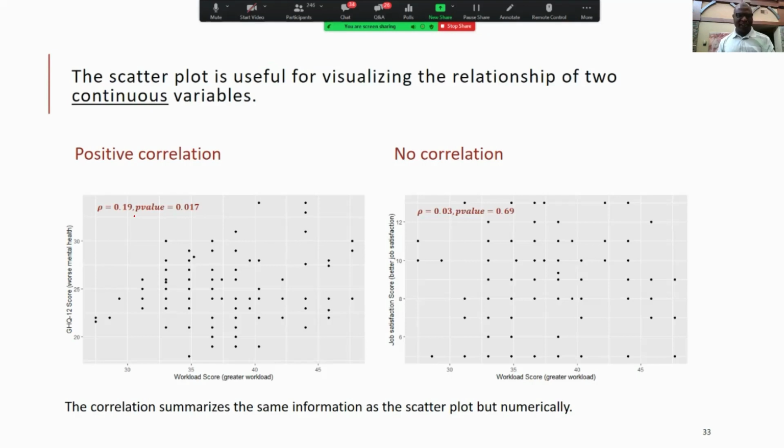it can tell you whether the two variables you are thinking about have some kind of relationship or not. So when you look at the scatter plot to the left here, for instance, you see some kind of clustering.